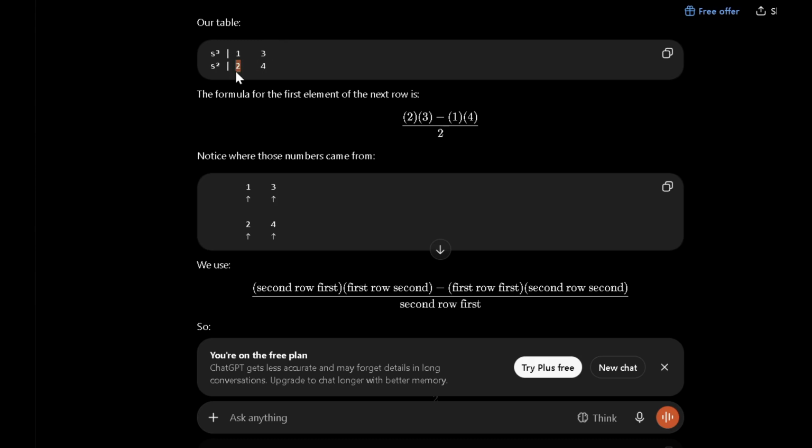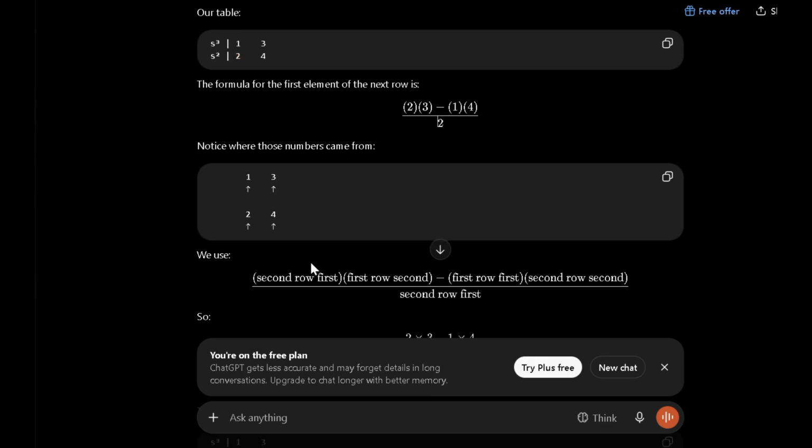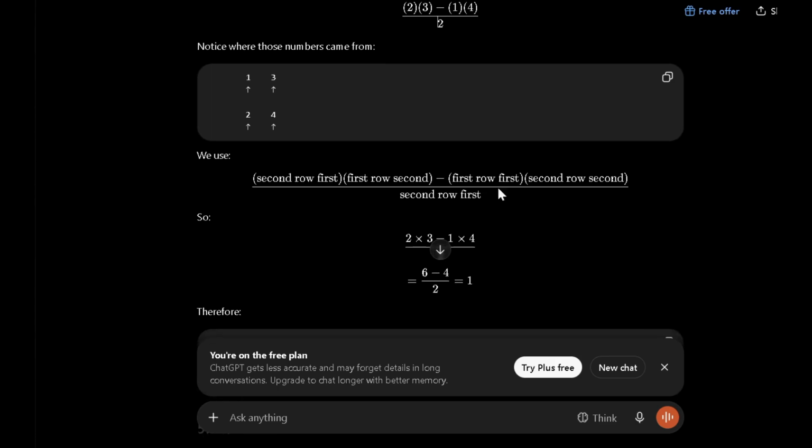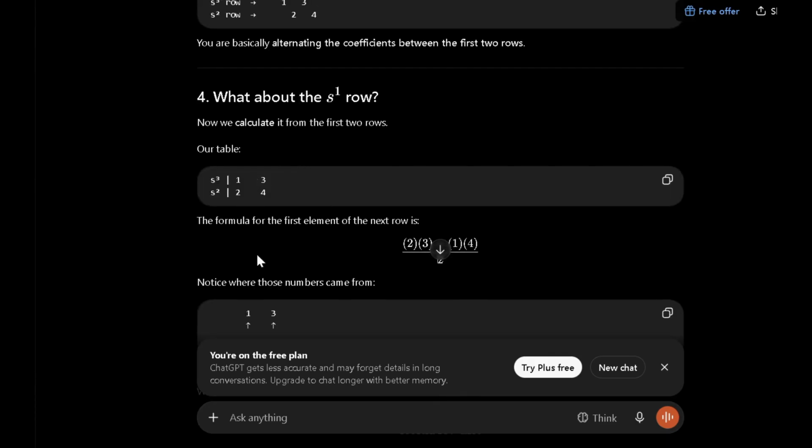Second row first element into first row second element, minus first row first element into second row second element, divided by second row first element.